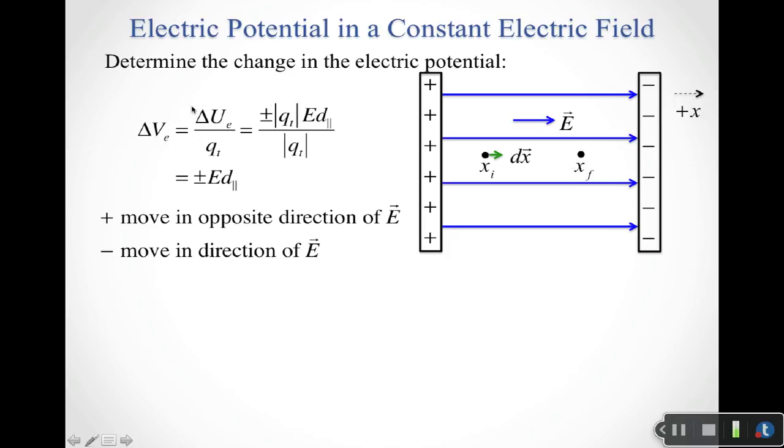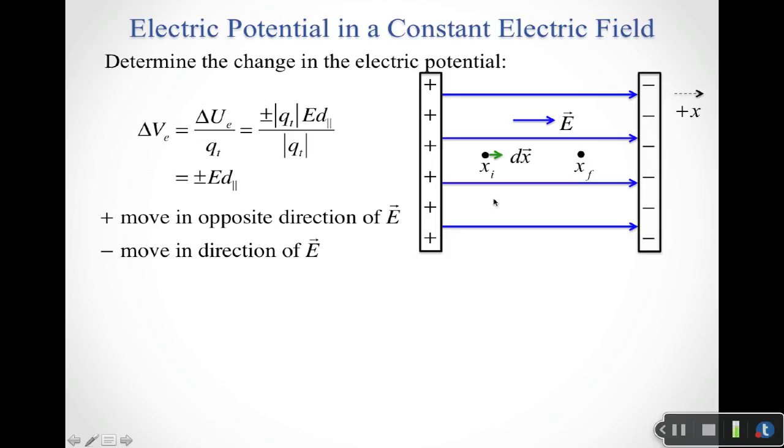But when we take one of the ways that we can calculate the change in the electric potential energy, and we divide out the test charge, we're left with two positive quantities, the magnitude of the electric field, and then the distance parallel to the electric field that we move around in the field. And now we get to put in the right sign. And again, it's going to be positive if we move opposite the direction of the electric field, negative if we move in the direction of the electric field.